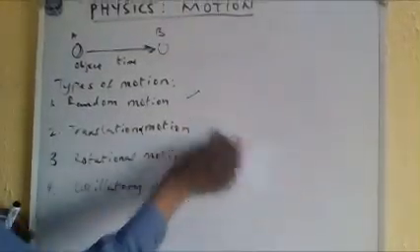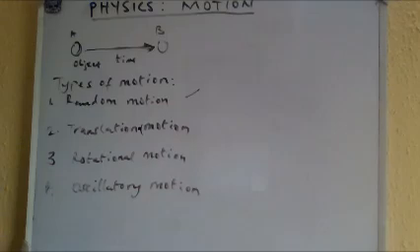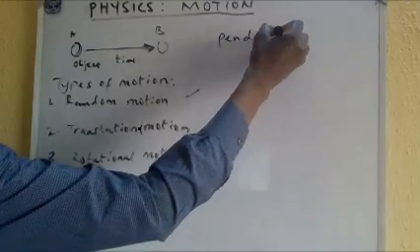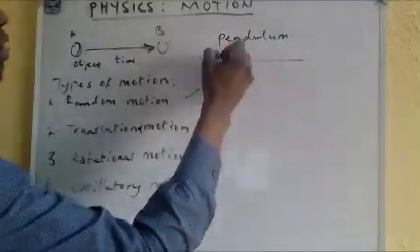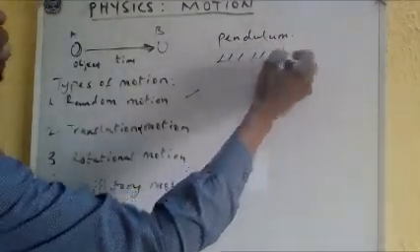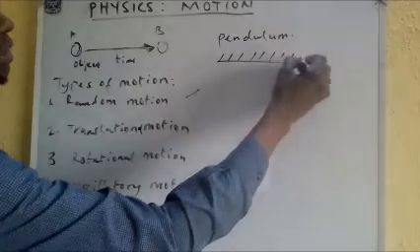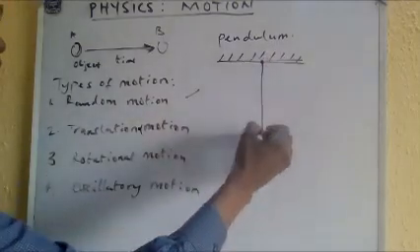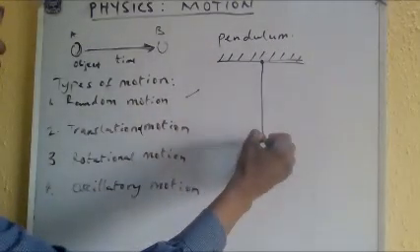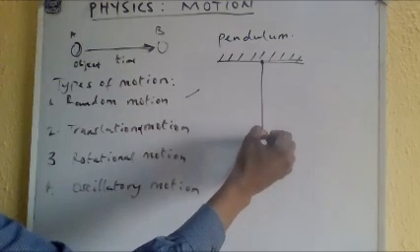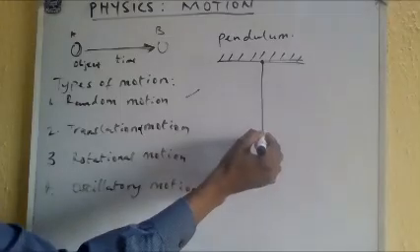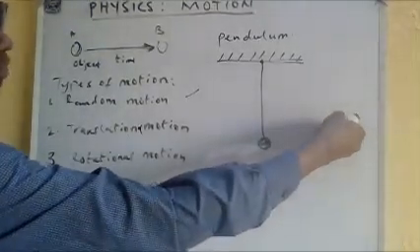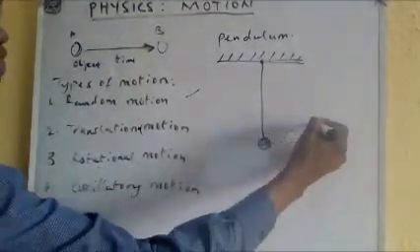This motion can be seen in the motion of a simple pendulum. So if I have rigid objects placed here like this, and I put a swing, a wire here, and at the end of it you tie a small ball, and then you take the ball to this edge.